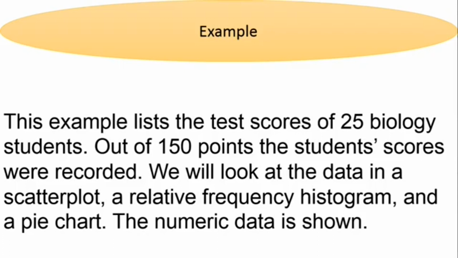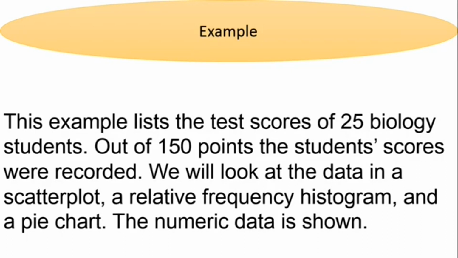So, for example, this example lists the test scores of 25 biology students. Out of 150 points, the student scores were recorded. We will look at the data in a scatter plot, relative frequency histogram, and pie chart. The numerical data is shown.